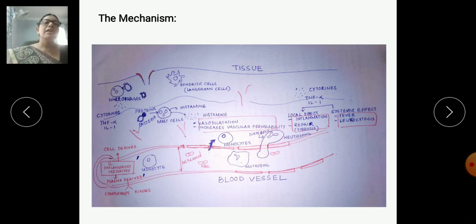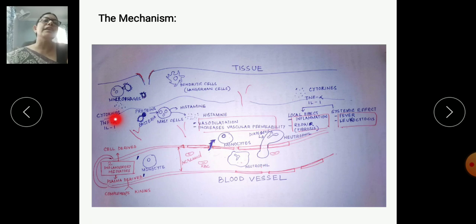Now these monocytes, after coming over here, form macrophages. These macrophages generate various substances like cytokines. The most common cytokines are TNF alpha and interleukin 1, IL-1. The full form of TNF is tumor necrosis factor alpha.